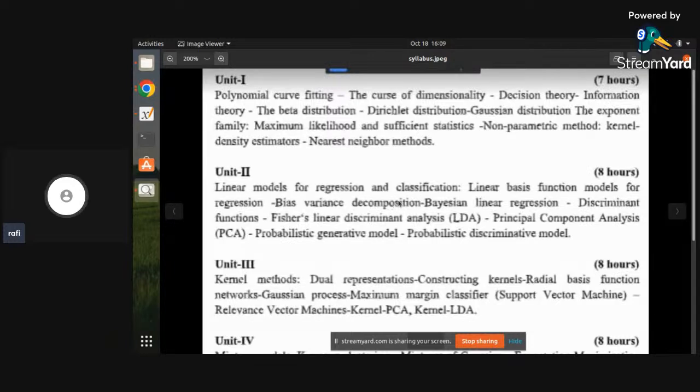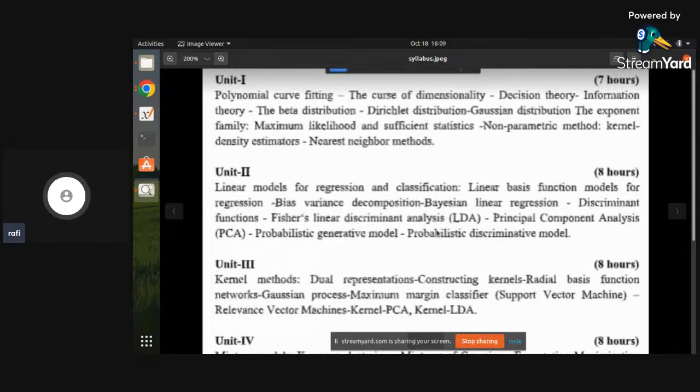We see what regression is, what classification is, what the differences are, and how to implement regression and classification. We also see some consequences of data, the effect of data on these models, and then the probabilistic approach to regression and classification, that is Bayesian and linear regression.